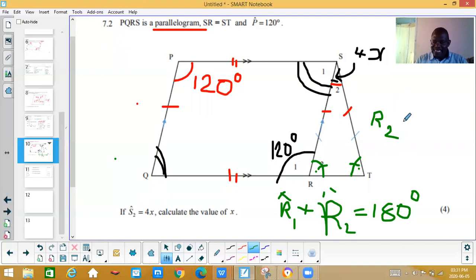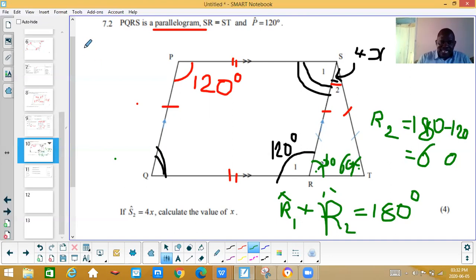If we want to find R2, we are going to say 180 minus 120. So R2 must be 60 degrees. So this one also is going to be 60 degrees.